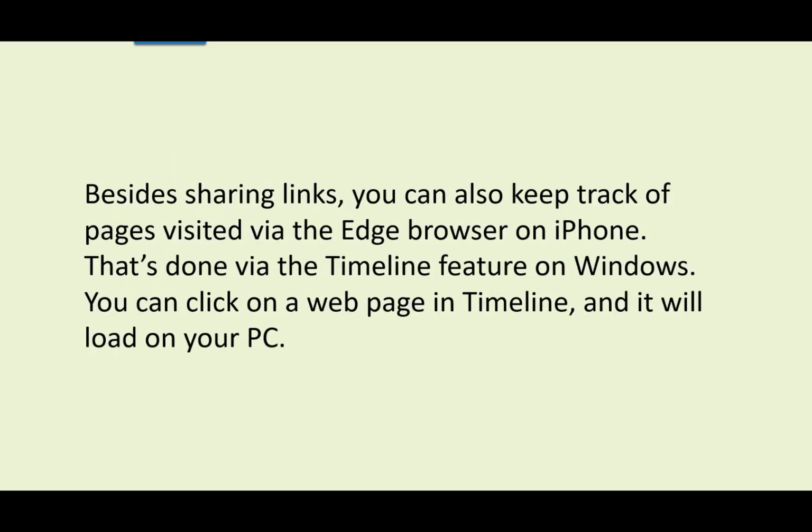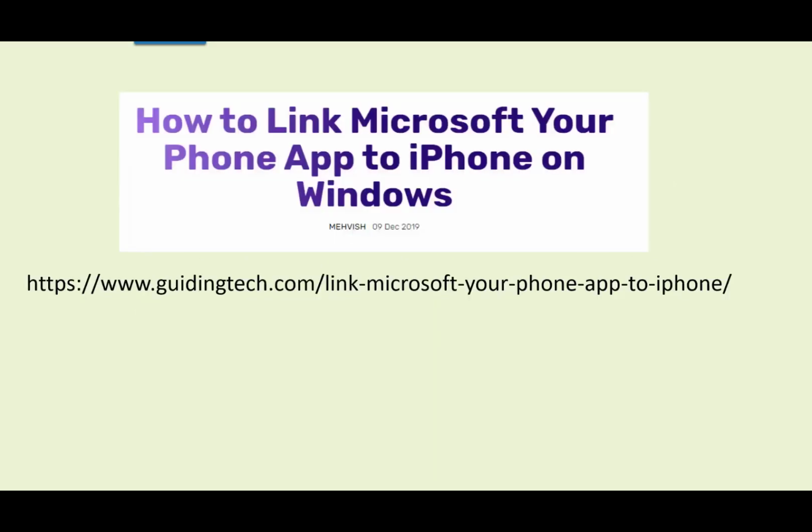Besides sharing links, you can also keep track of pages visited via the Edge browser on the iPhone. That's done via the Timeline feature on Windows. You can click on the web page in Timeline and it will load on your PC.